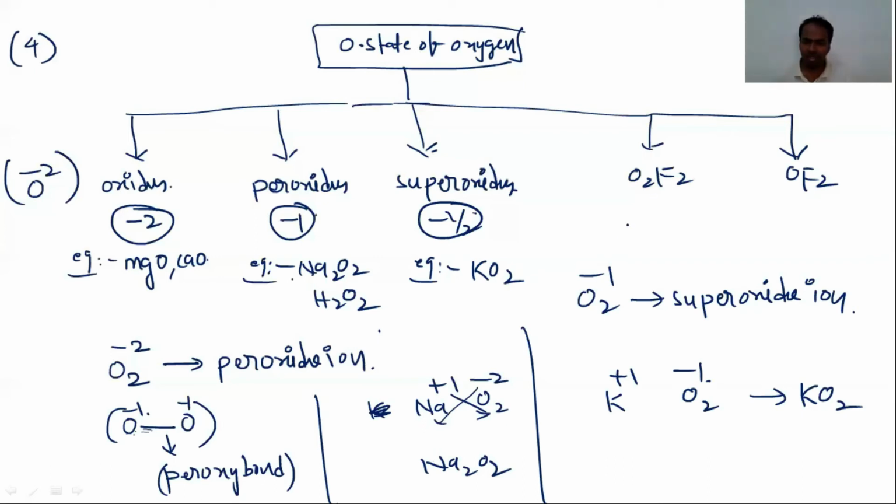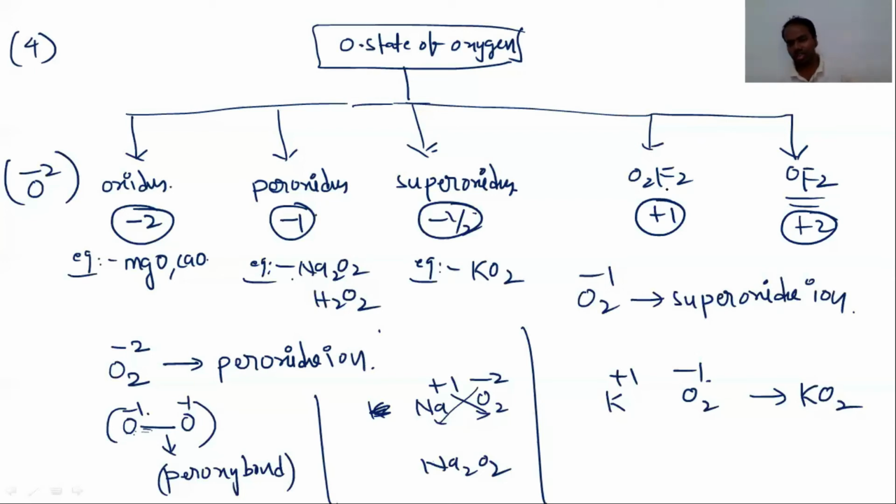Then these two compounds are very important, because only in these two compounds does oxygen show a positive oxidation state. In these compounds, the oxygen oxidation states are +1 and +2. In O2F2, dioxygen difluoride, the oxygen oxidation state is +1. In oxygen difluoride, OF2, the oxidation state is +2. So only in these two compounds can oxygen show a positive oxidation state.